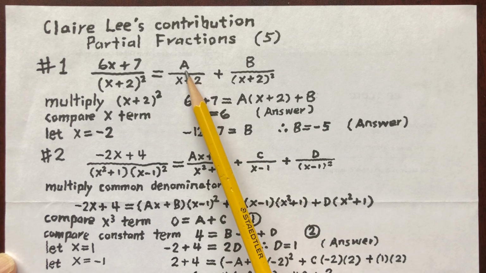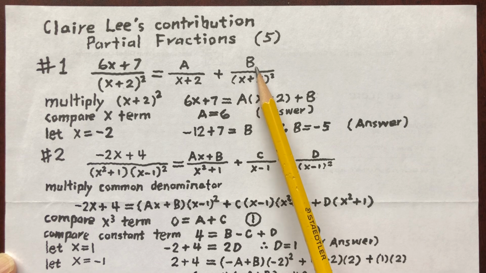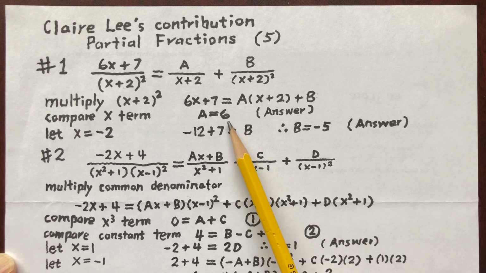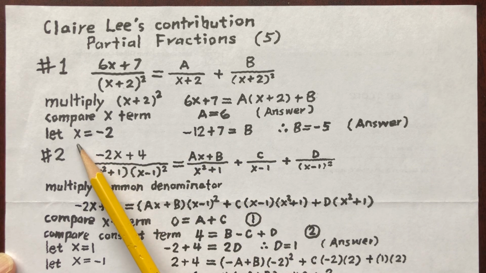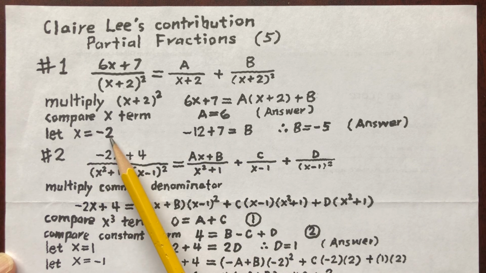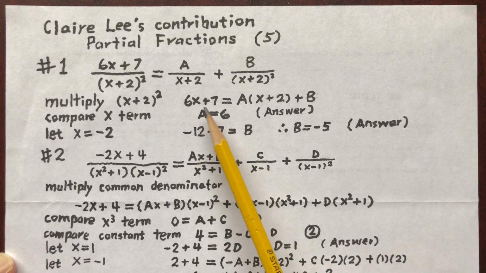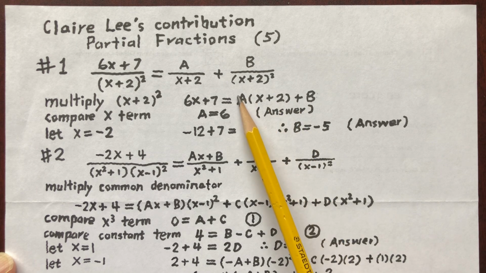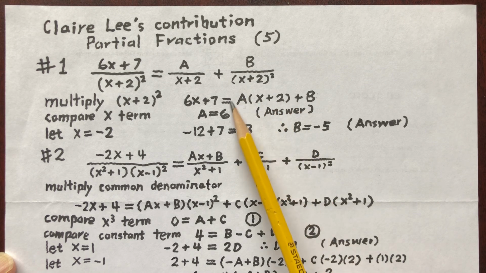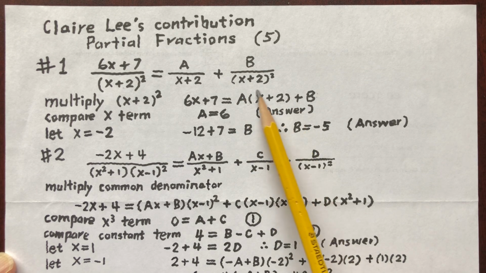We want to find what a is, what b is. Here is the value of a. Now, let x equals -2. If x is -2, this term disappears because it is 0.